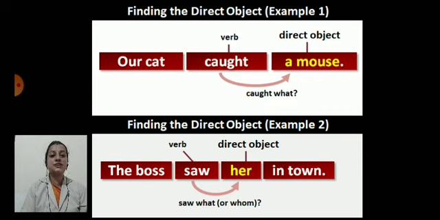So we can say that in both of these sentences the verbs are transitive. The action verbs caught and saw are transitive verbs because they are followed by the direct objects a mouse and her.